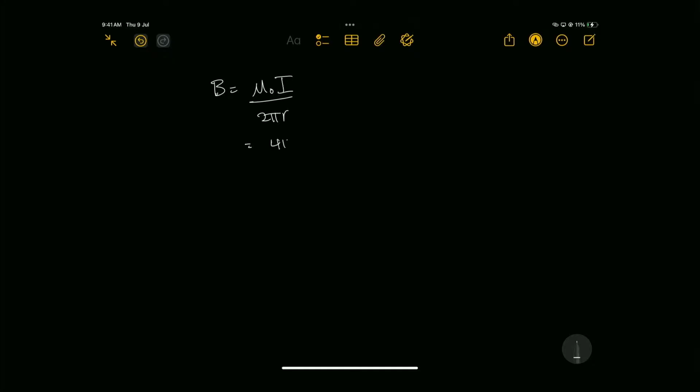So mu naught is 4 pi by 10 to the negative 7. I is equal to 2 over 2 pi times the distance, right? So this distance, they asked for 10 centimeters. To get the field strength in Tesla, we need to convert this to meters. So this will be 0.1 meters.